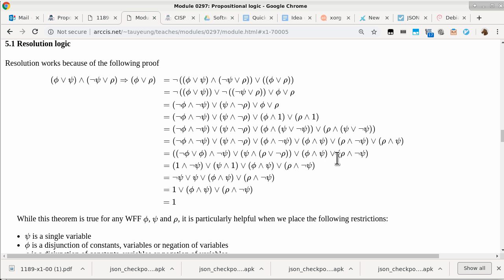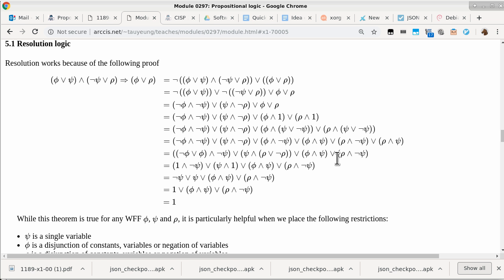What is always true then? Now you zoom in a little bit to look at some of the details. What this one says is phi or psi, a disjunction, and not psi or rho, another disjunction.